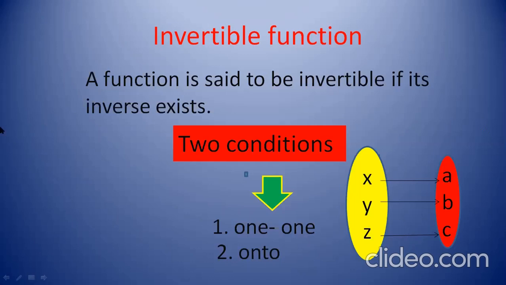Now we know very well what one-one and onto functions are. If any function is one-one and onto, if these two conditions are satisfied, we can say its inverse exists. Otherwise, its inverse will not exist.